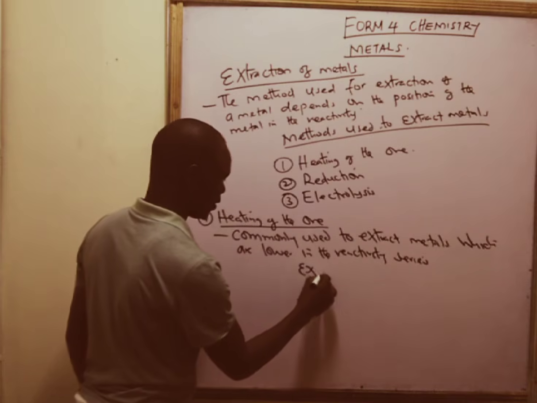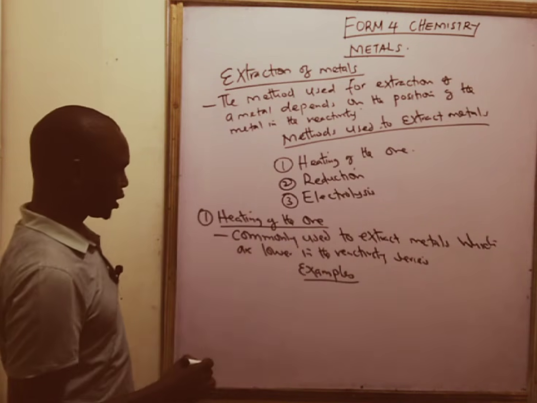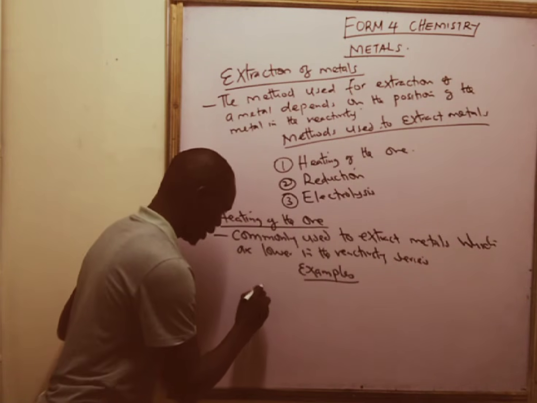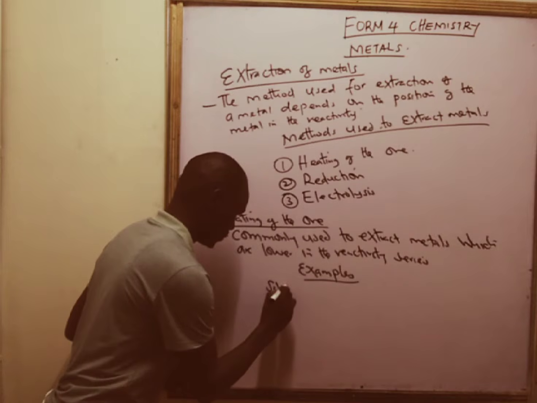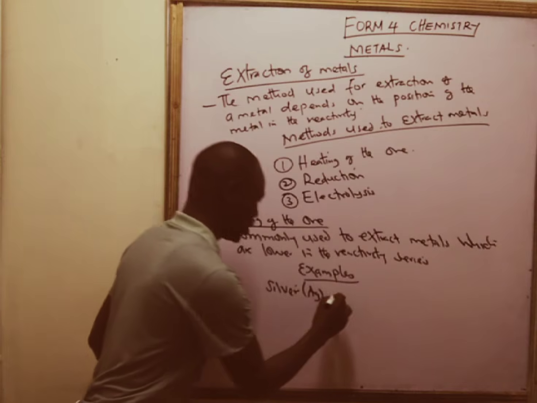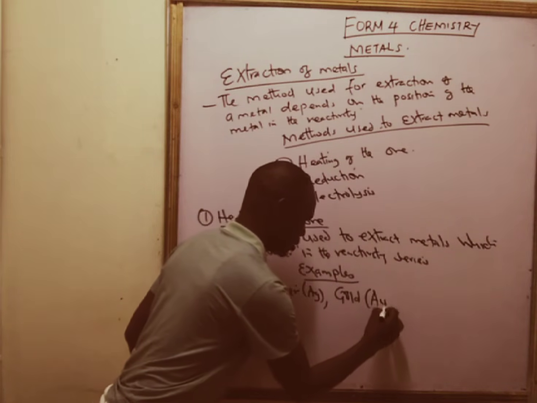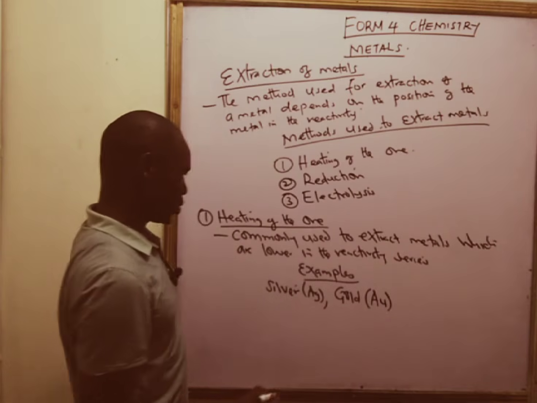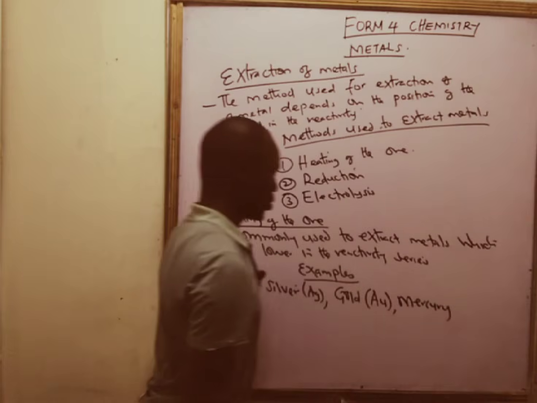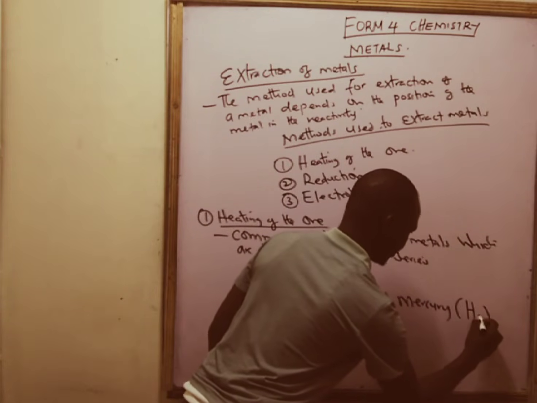Examples of those elements which are lower in the reactivity series and can be extracted using heating are silver, that is Ag, gold, whose chemical symbol is Au, and mercury, whose chemical symbol is Hg.